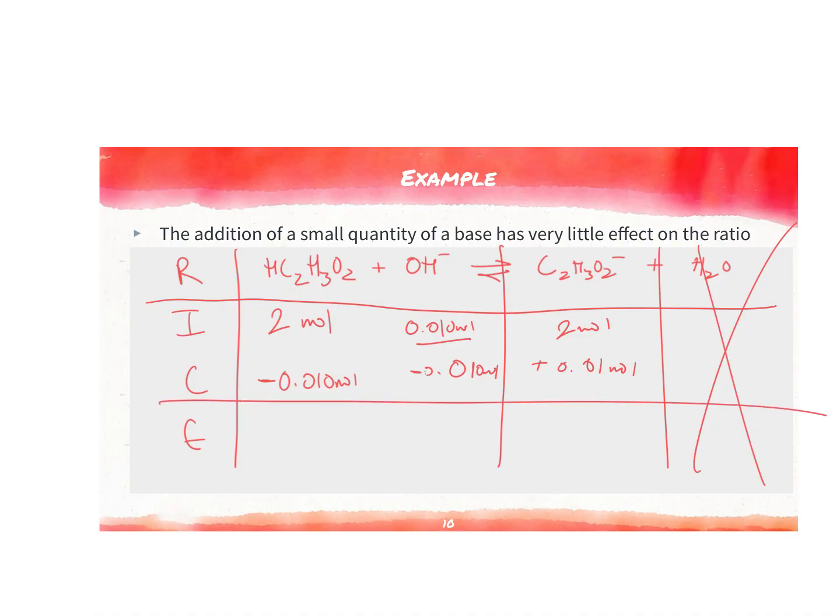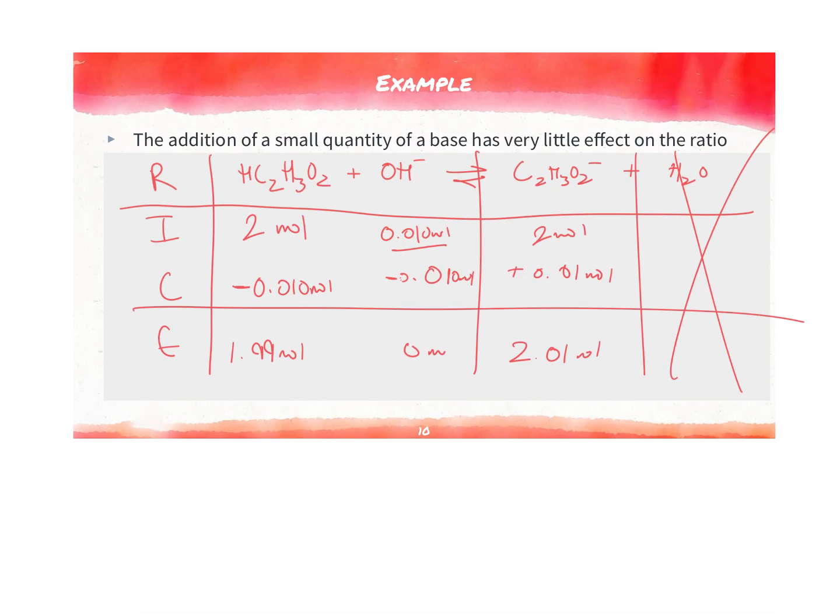If I add this together, I get 1.99 moles here, 0 moles of sodium hydroxide, and 2.01 moles of acetate ion. What you'll notice here is that these two numbers are basically the same. Because I already have some acetate ion in there, I don't really change my concentration of each of them that much, and so the pH won't actually change by that big of a factor.